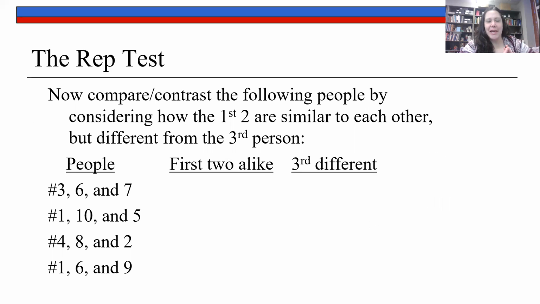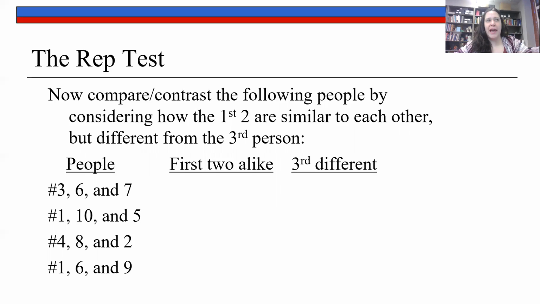So I might say, think about the people you wrote down for number 3, number 6, and number 7 from the list that you just had. Tell me how 3 and 6 are similar to each other and how they are both different from number 7. Then you do that multiple times in different triads. How are person number 1 and 10 similar to each other, but different from person number 5?